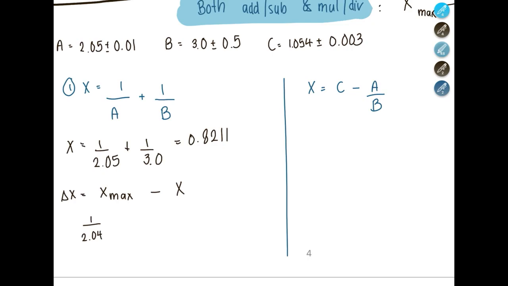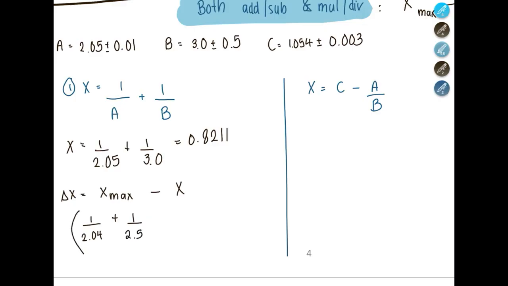Because remember, 2.05 plus or minus 0.01. So the smallest value is subtracting it, 2.05 minus 0.01, and then you will get this smallest value. And then plus 1 divided by b. b is 3. So 3 minus 0.5 is going to be 2.5, divided by 2.5.